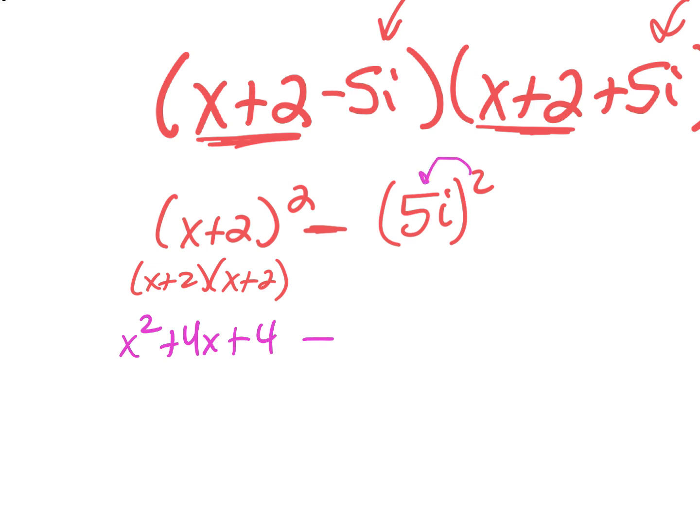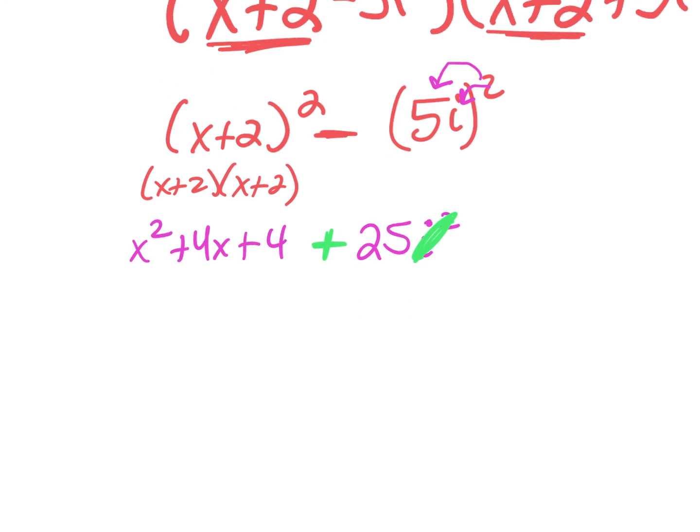This 5i gets squared, so the 5 goes to 5 squared and the i goes to i squared. What is 5 squared? 25, and then I have i squared. As soon as I see i squared, what do I do? Cross it off, change the sign. So what have I created? x squared plus 4x plus 29.